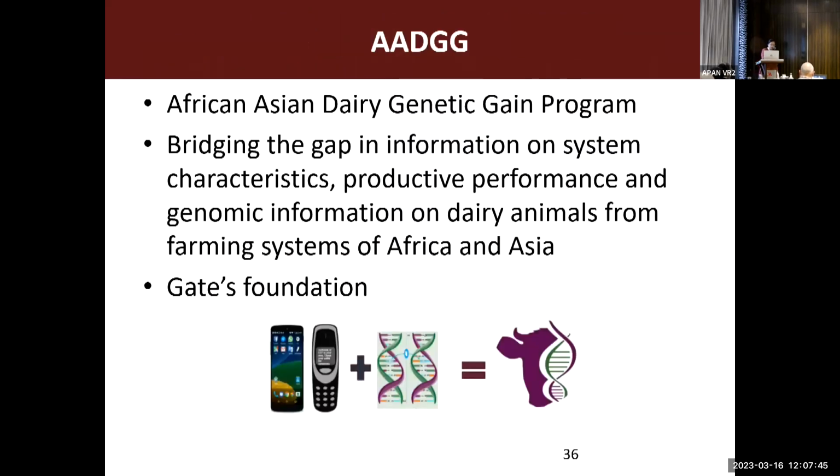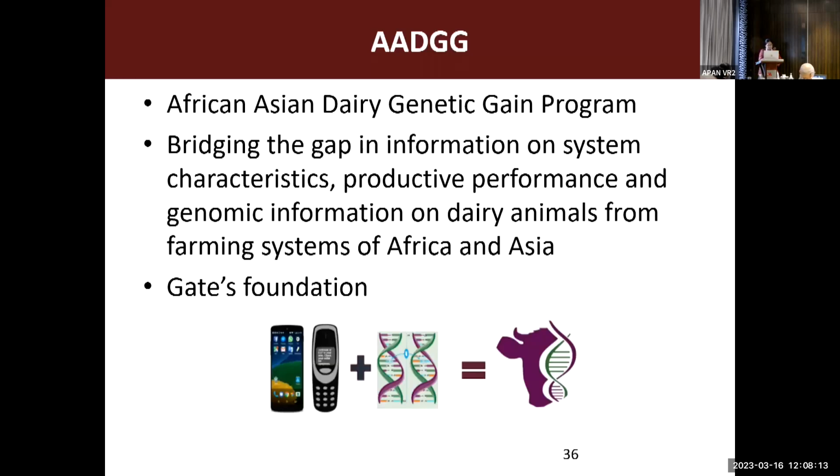And recently, from last year, we are involved in this AADGG. This is the African Asian Dairy Genetic Gain Program that is led by ILRI, International Livestock Research Institute, and funded by the Gates Foundation.